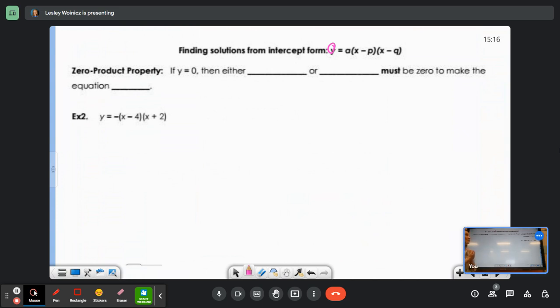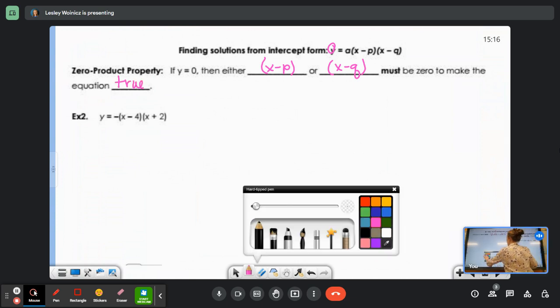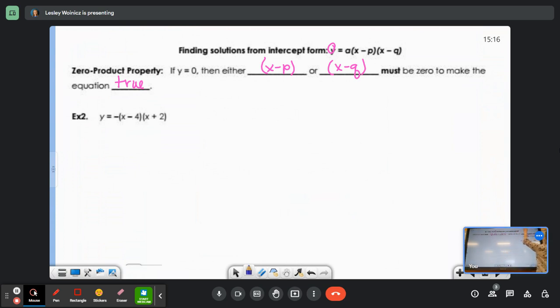If our y value is 0, then either our x minus p part or the x minus q part has to be 0 if our equation is going to be true. That's a lot of words. Let's think about what that means. Let's say that I have a product that's 0. Pick a number. 5.